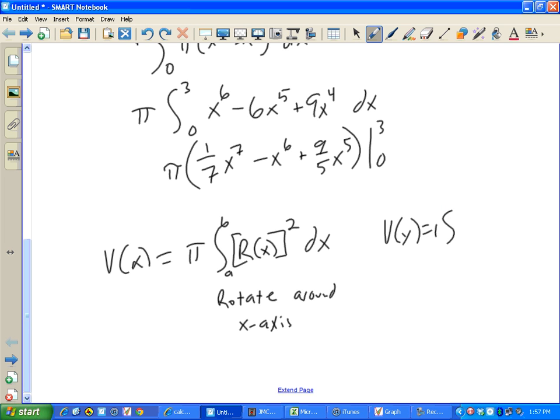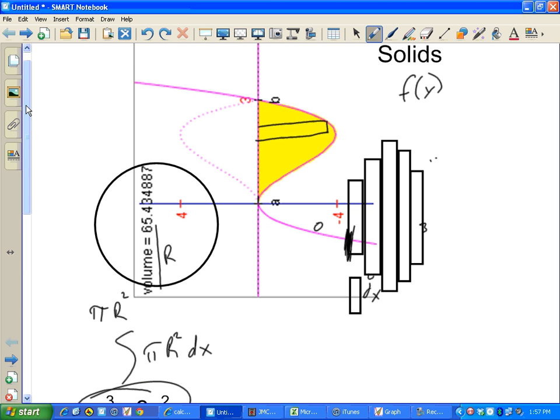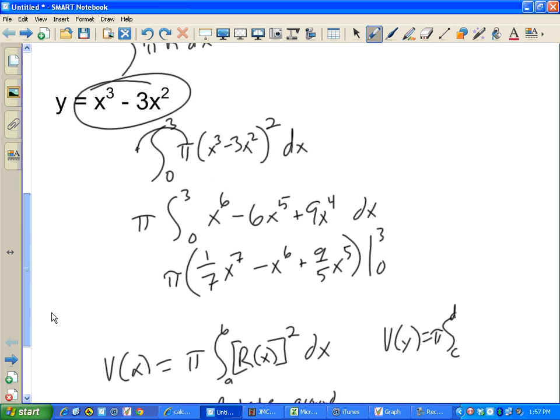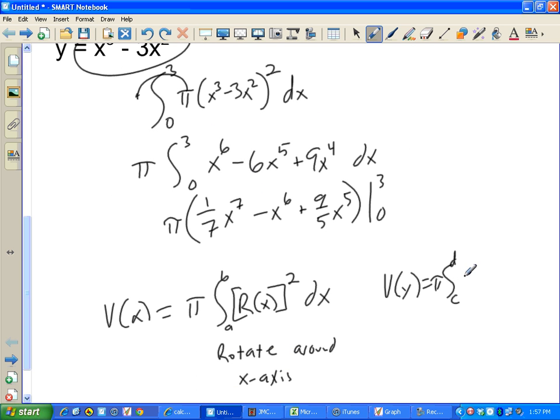It would be pi times the integral from, we'll say, c to d, because c and d will now be y values, of r as a function of y, squared dy. So it's just a change of variables, if you're rotating horizontally instead of vertically.